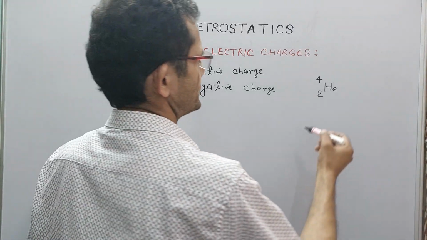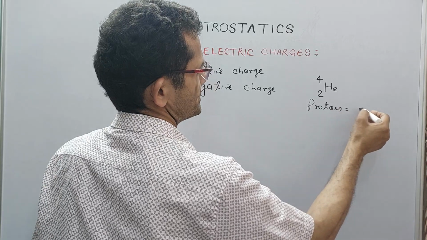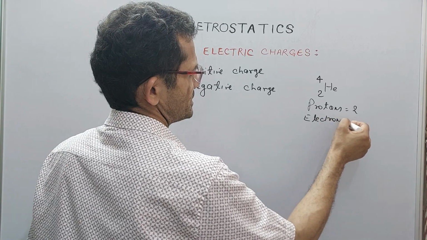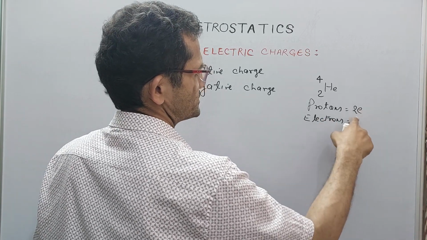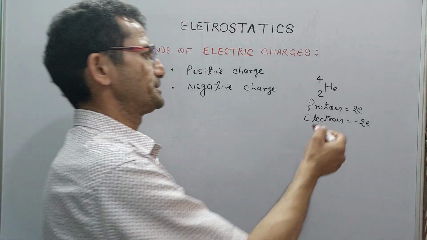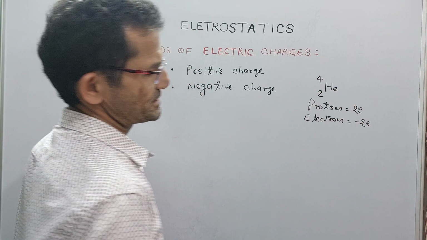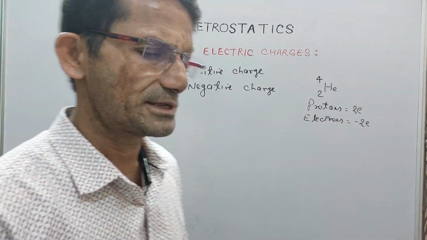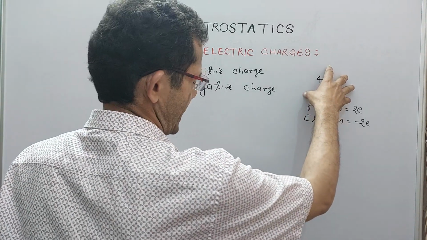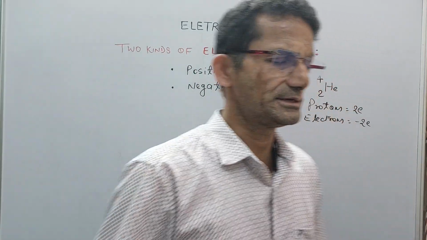So it has 2 protons and 2 electrons. Protons have positive charge and electrons have negative charge, so if you add the charges on protons and electrons, the net charge is 0. So an atom which is electrically neutral, from which we have not snatched the orbiting electrons, has total charge 0. Initially every object has charge 0.